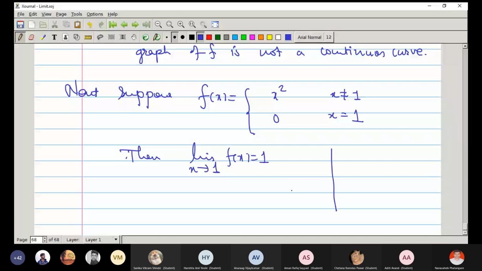If you sketch the graph again for the same function, at 1 again there is a hole, and at 1 the value of the function is 0, or suppose the value of the function at 1 is 10, no problem. So what is the value of the function at 1? 10. That means again the graph of the function is not a continuous curve, right?